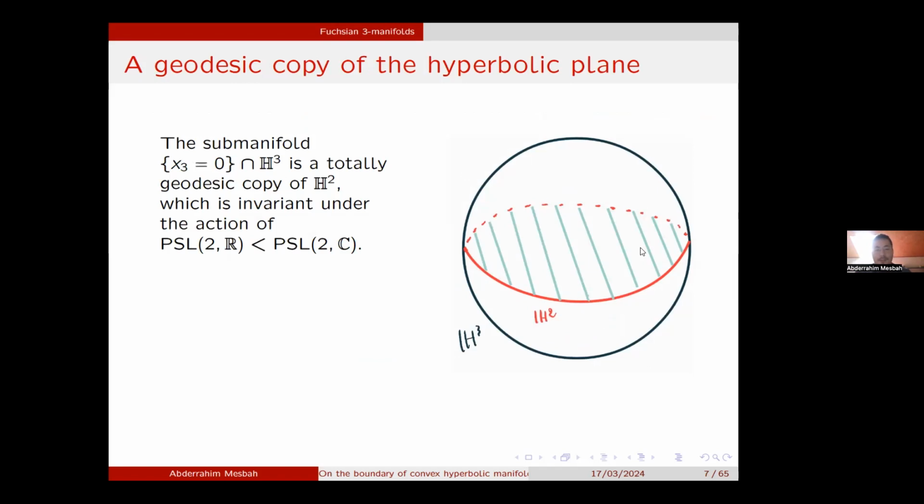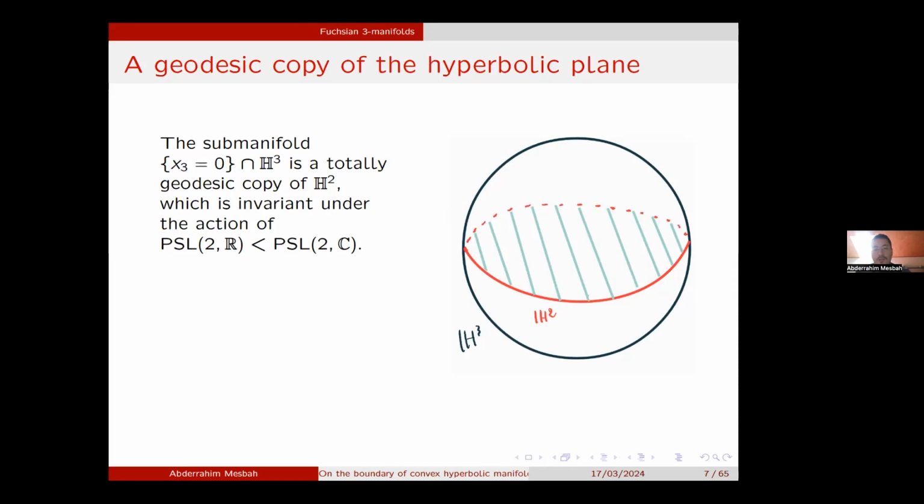H3 has the metric that we have defined, and this metric also induces a metric on this submanifold, which is the plane x3 equals 0. And it happens that the induced metric on this plane is isometric to the hyperbolic plane.